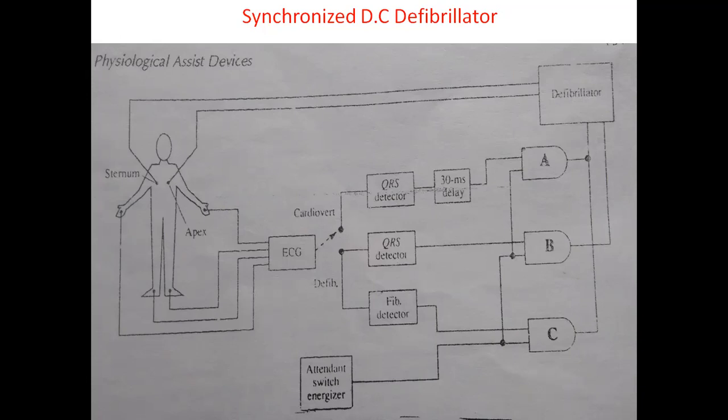That is decided by the logic, so here we have AND gates. Only when both inputs are high do we produce the output that makes the defibrillator apply the potentials to the heart. Like this, we can use the synchronized DC defibrillator.